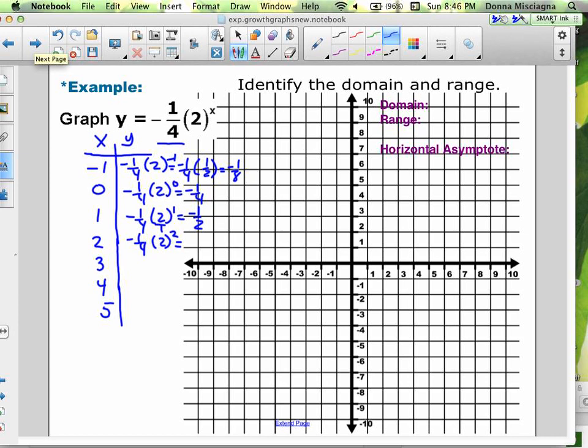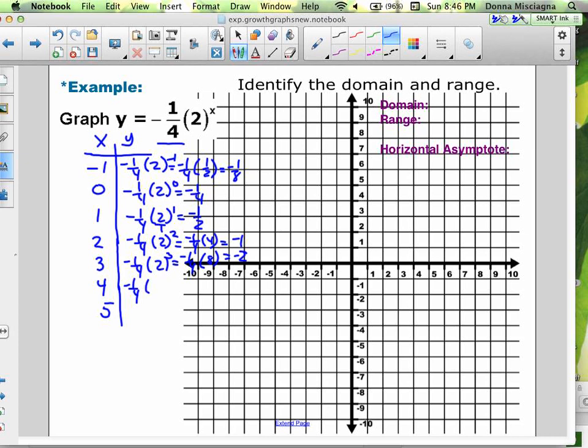So that's going to be negative 1/4 times 4. We finally got to negative 1. Negative 1/4 times 2 cubed. That's going to be negative 1/4 times 8. That's going to be negative 2, right? 8 divided by 4 is going to be 2. And of course it's negative because of the negative 1/4.